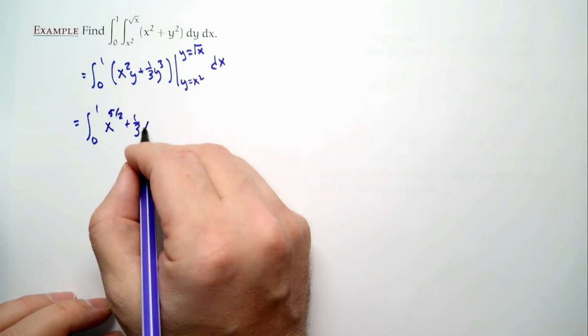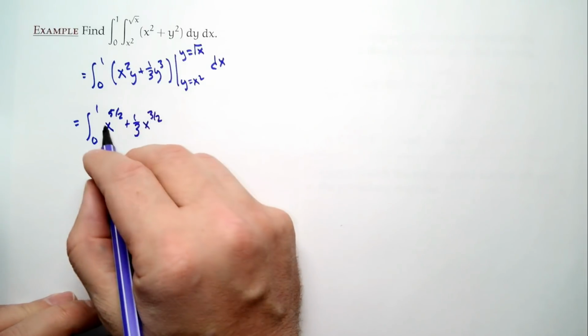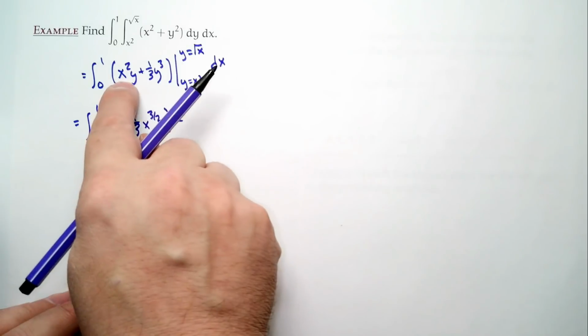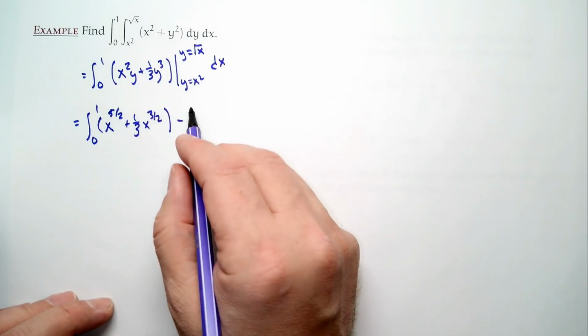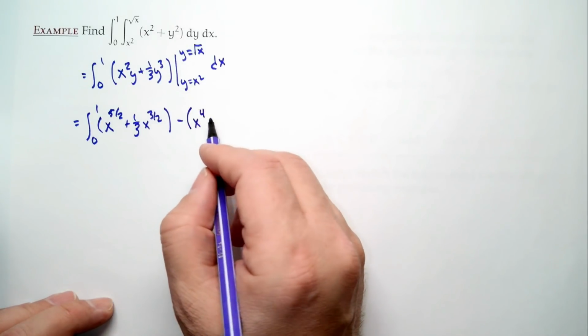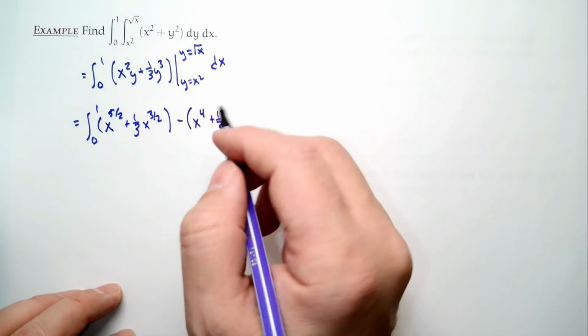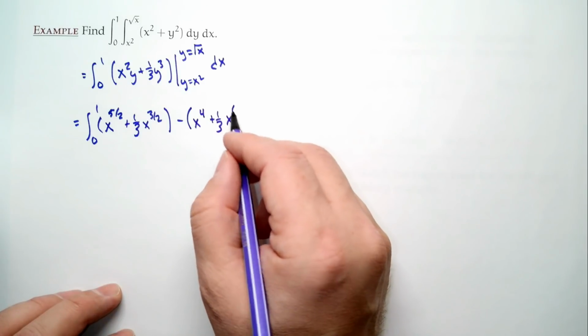Good. All right, now we're going to subtract, plugging in x squared. x squared times x squared, x to the 4th, and plus 1/3 x squared cubed, x to the 6th.